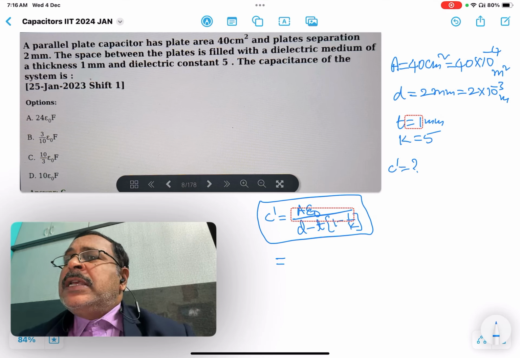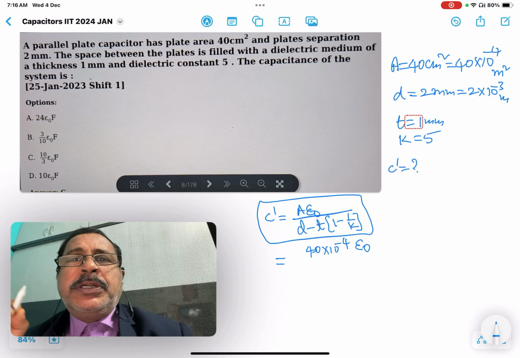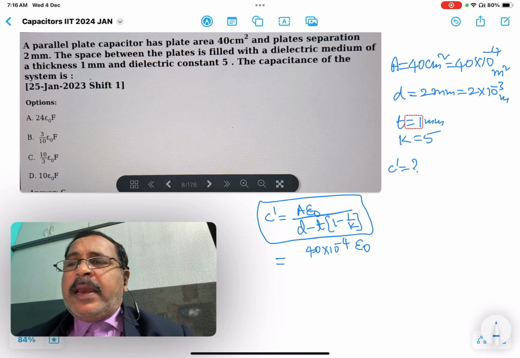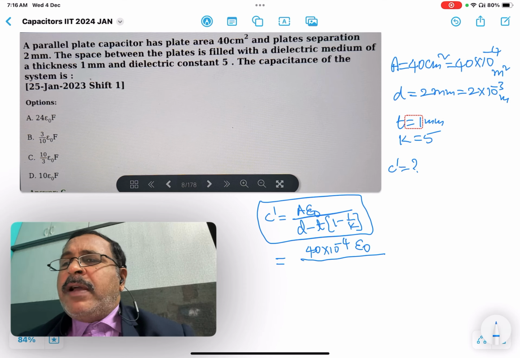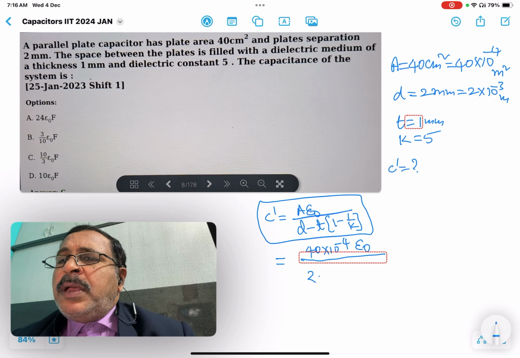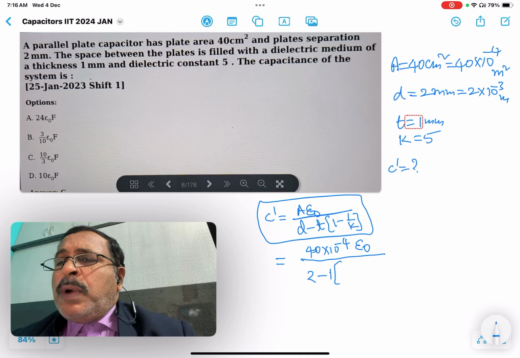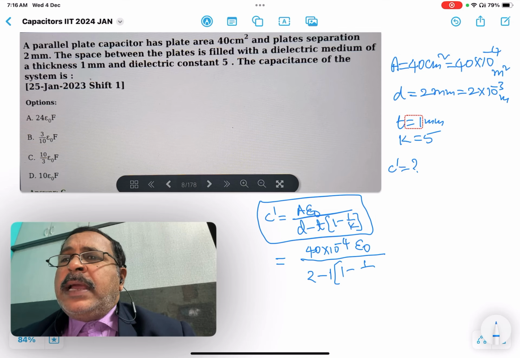A value is given as 40 into 10 to the power of minus 4, into epsilon naught as it is, because in all options epsilon naught is there, so don't disturb that parameter. Divided by D minus T, that is 2 minus the thickness of 1 millimeter. Let us convert it later. Into 1 minus 1 by the dielectric constant K, which is 5.